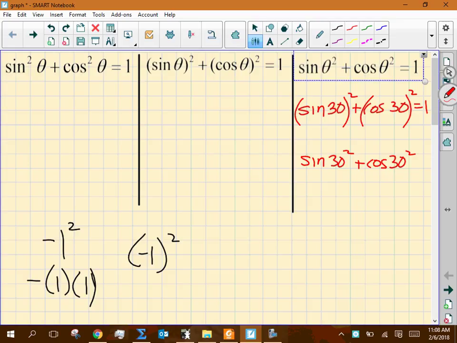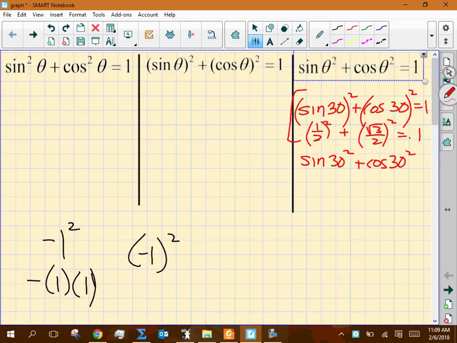Instead of taking the sine of 30, which is 1/2, and squaring that, and then taking the cosine of 30, which is radical 3/2, and squaring that. Okay. So if I do it here, like I said, I get 1/2 squared plus radical 3/2 squared. Obviously, fractions, so square top, square bottom. So that gives me 1/4 plus 3/4, right? And that does give me 1. So this situation is accurate.